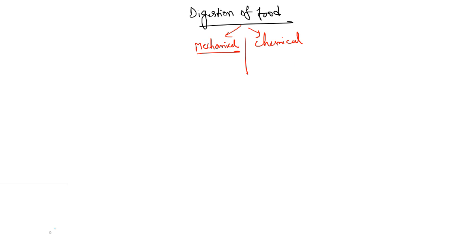So let's take a color. In the buccal cavity or oral cavity, it occurs and is facilitated by the placement of food by the tongue, and teeth do the rest of the job. Tongue is involved, teeth are involved.